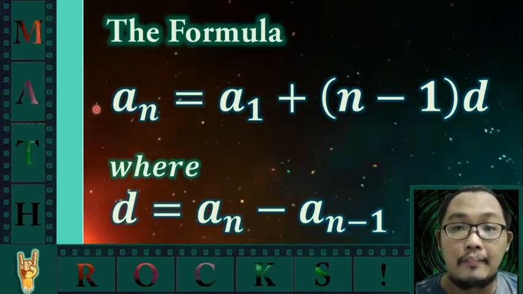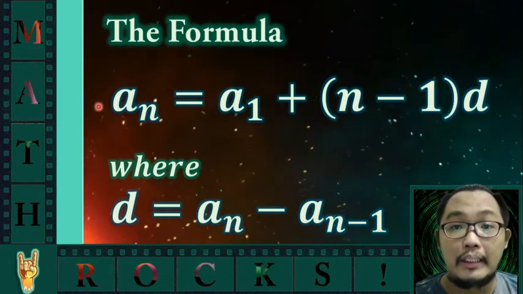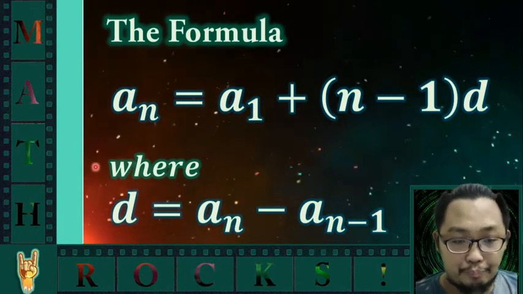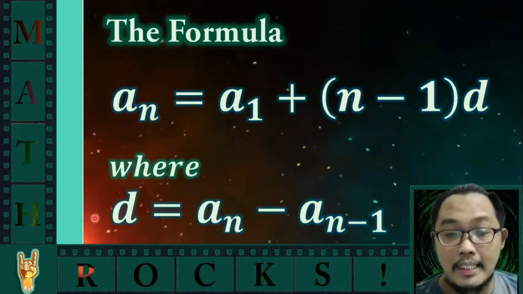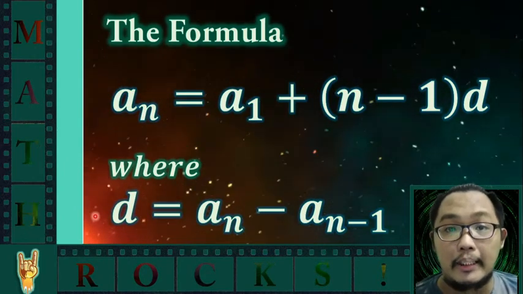If you would like to visit the video first before moving on to the lesson, please do so. In this formula, the common difference d is given by a sub n minus a sub n minus 1.